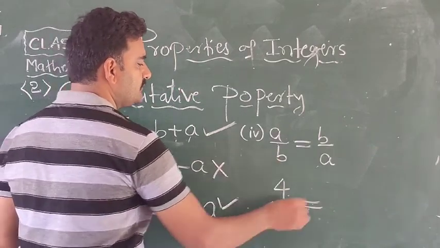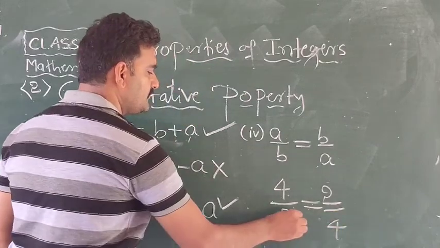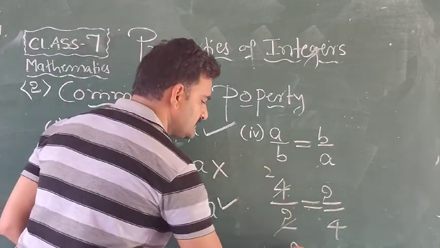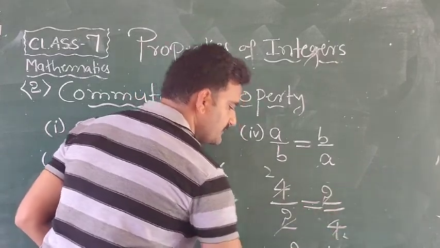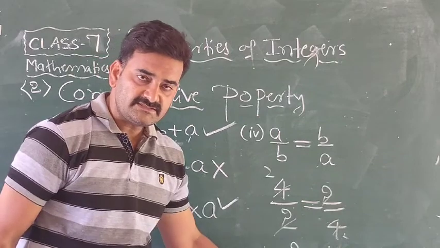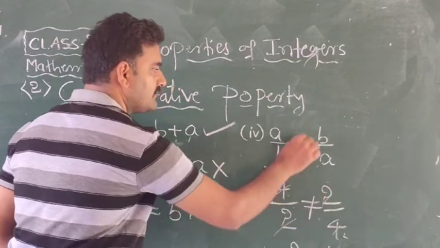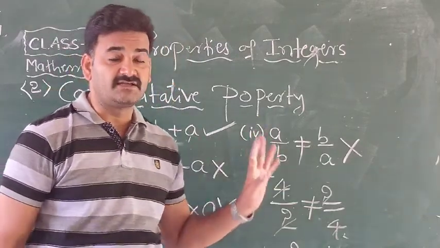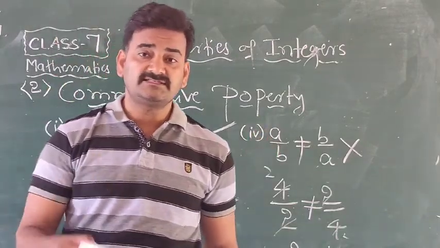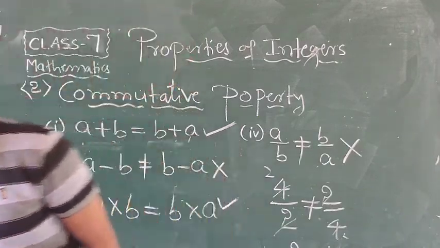Now A divided by B: 4 divided by 2 is 2. Now B divided by A: 2 divided by 4 is 1 by 2. Whether both are same? Certainly no. So they are not equal. So that means commutative property does not hold good under division. Okay. So this is the way to find the solution. Okay. Next.